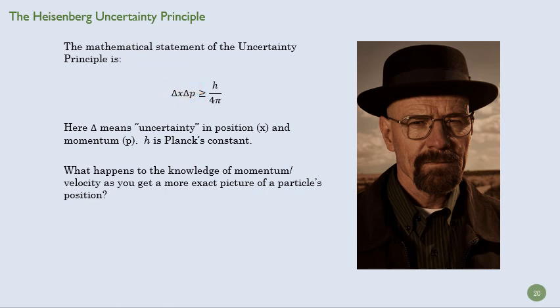And it also means that as I get a more exact picture of where a particle is, say an electron, I lose my certainty about how fast it's going and in which direction. And as I figure out its momentum, which direction it's going and how fast, I lose certainty about my position. So I can know one of these very accurately, but then the other one becomes much less certain.